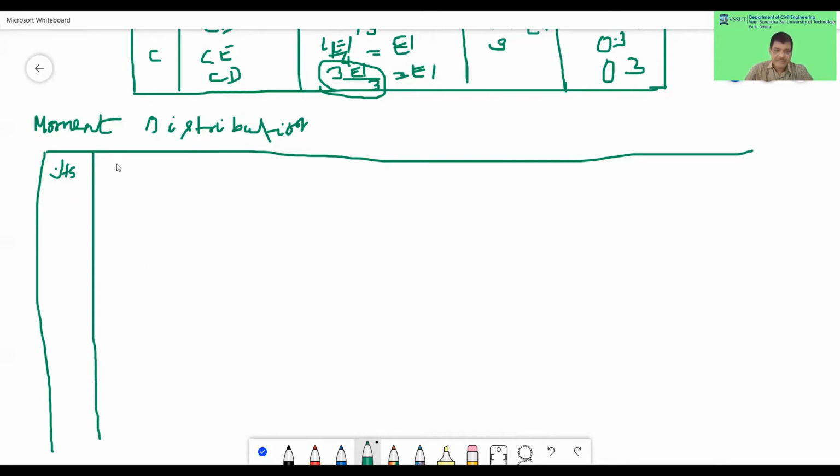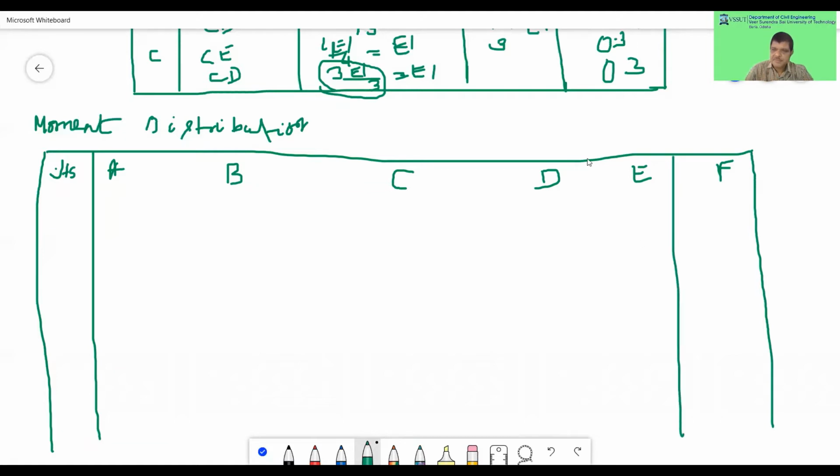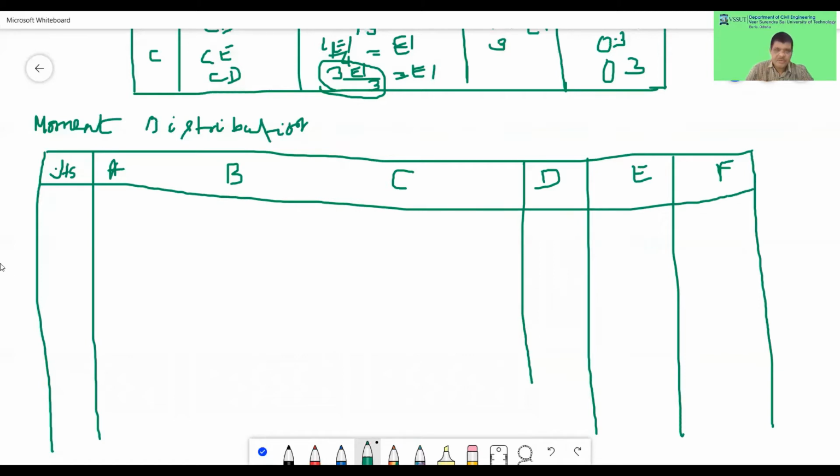So the joints are A, then B with 3 members, C also with 3 members, and D, E, and then F. These are all the joints available here. Now find the members. What are the members? Write the members now.